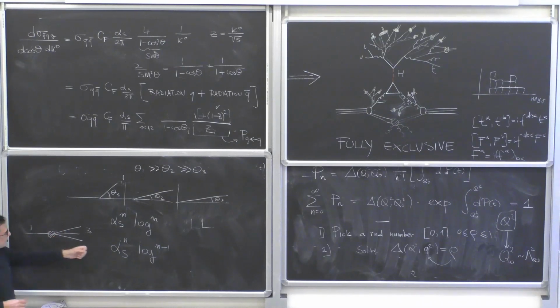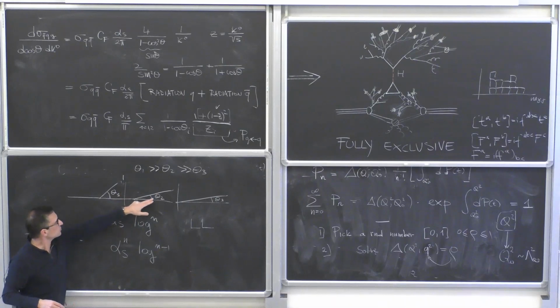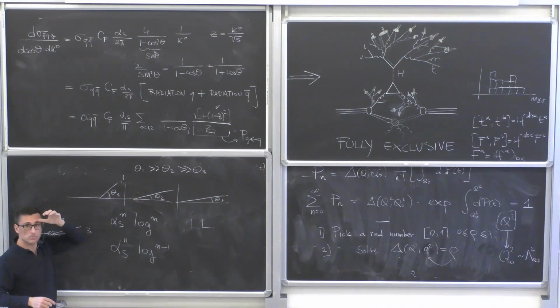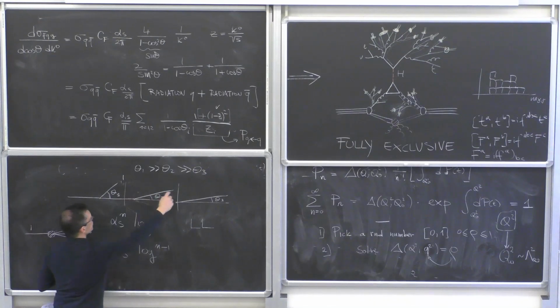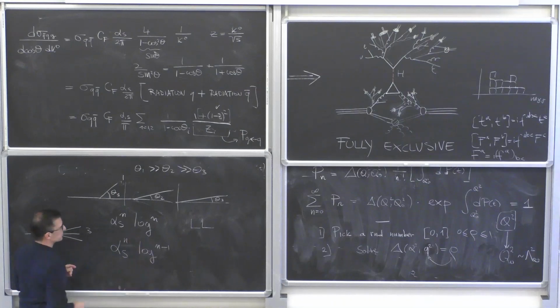So if you want to have this accuracy, you need a splitting function which is 1 to 3. Because you also have the ordering, I don't know, that theta 2 is bigger than theta 1. And then you have only one log, for example. So in each iteration, you get subleading logs. But to do that, you need a higher, next to leading log computation of the splitting function, if you want. Right?